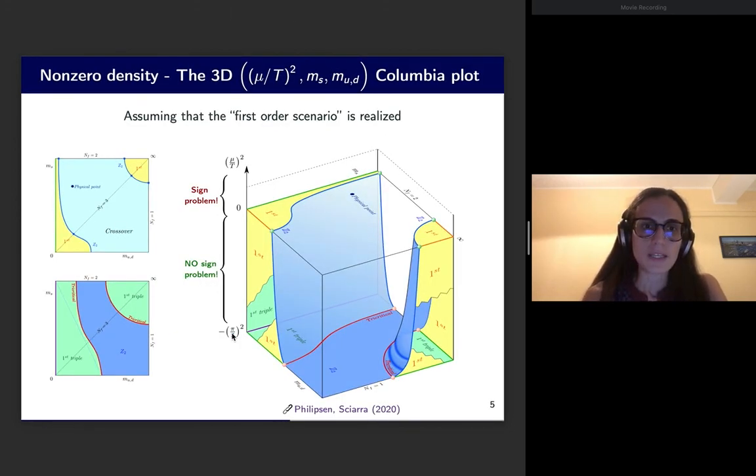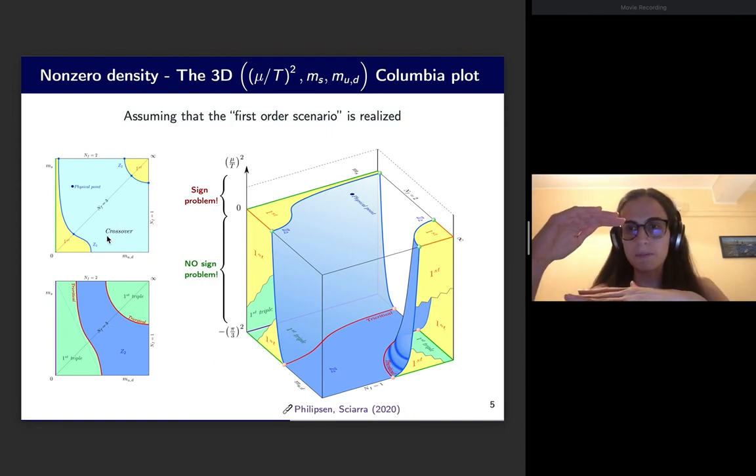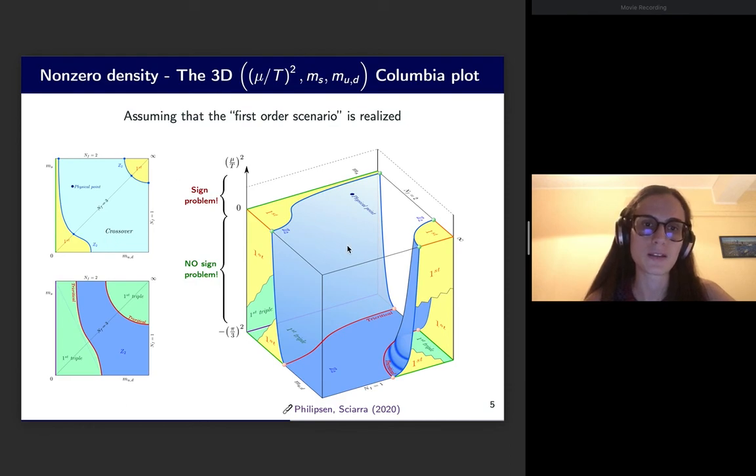But now we realize that the two plots can be superimposed in the following way: you have the ordinary Columbia plot on top, and then at the bottom, at the critical value of the imaginary chemical potential for Roberts-Weiss, in this case the axis is (mu/T) all squared. So at the bottom, you have this other plot.